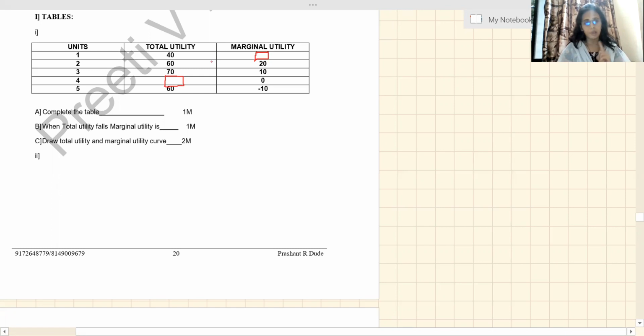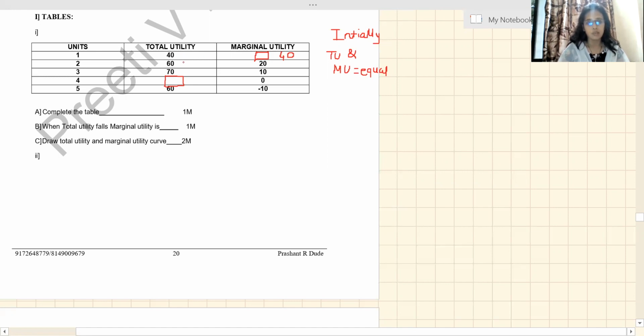See, we know that TU and MU are both equal initially, because it is the first unit, so obviously initially it should be equal. So your first fill in the blank should be 40, because TU is 40 for the first unit, so MU becomes 40. Then we have to find out this figure. See, I will show you.